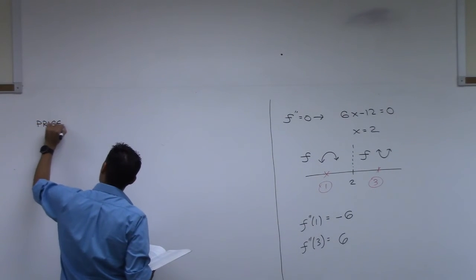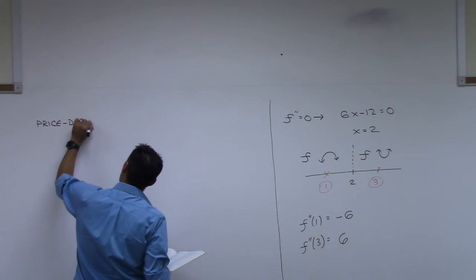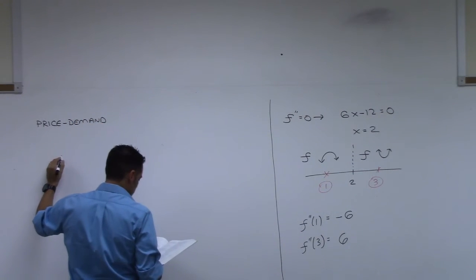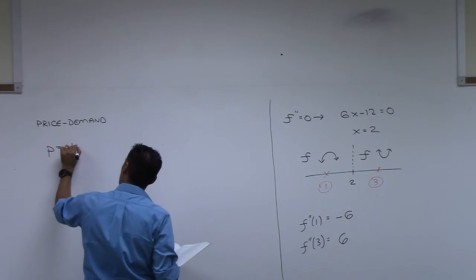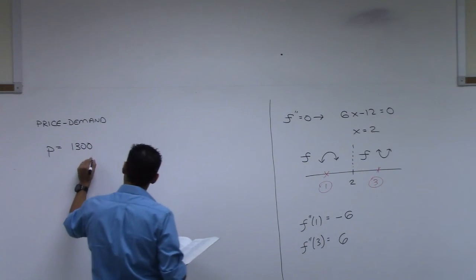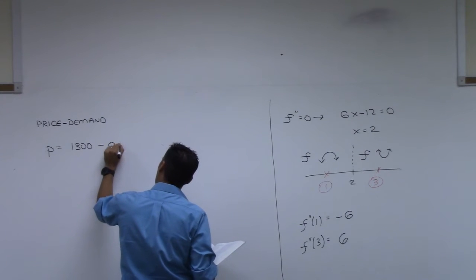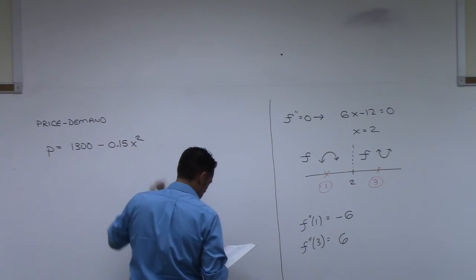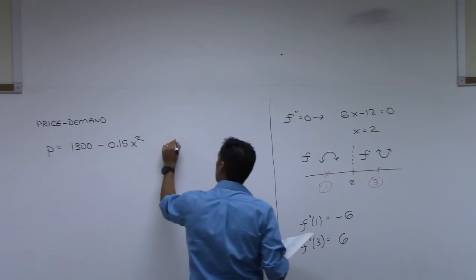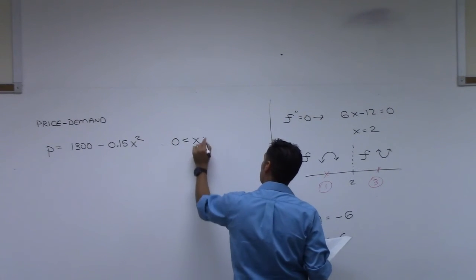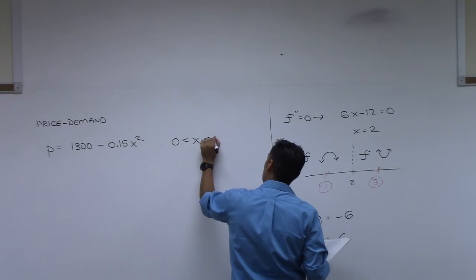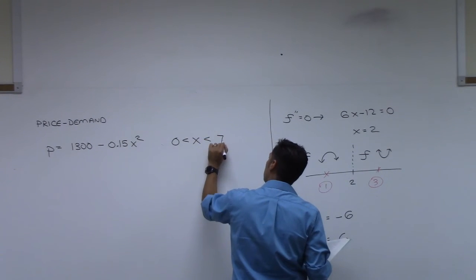All right, so let's say that we have a company. We're given a price-demand equation for our company: P equals 1,300 minus 0.15 x squared, as long as x is between 0 and, let's say, 70.